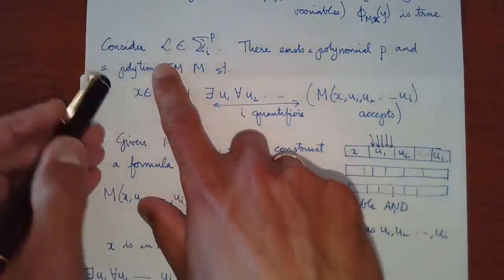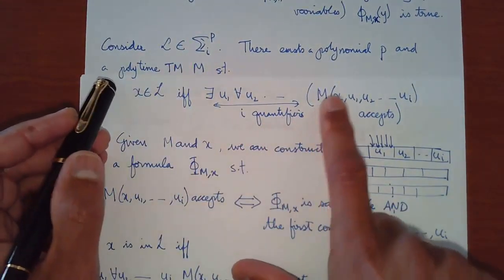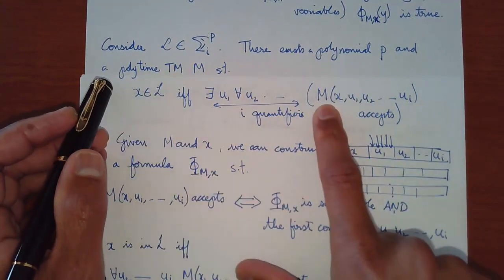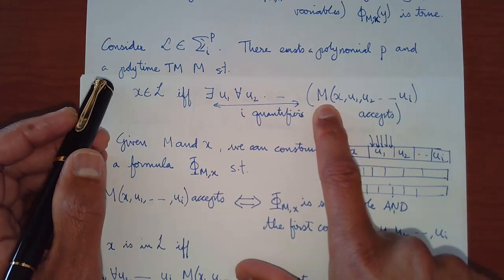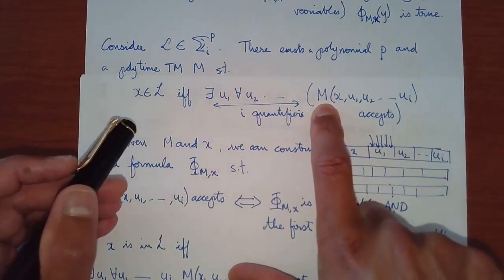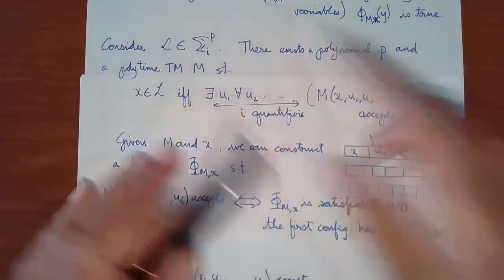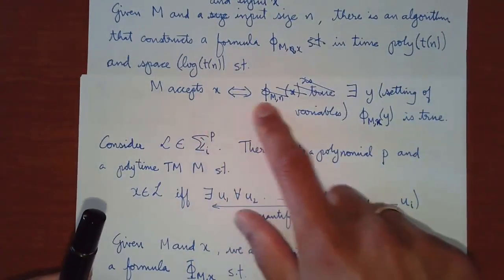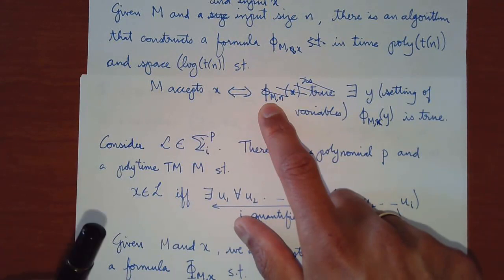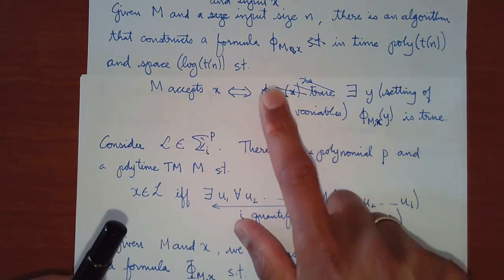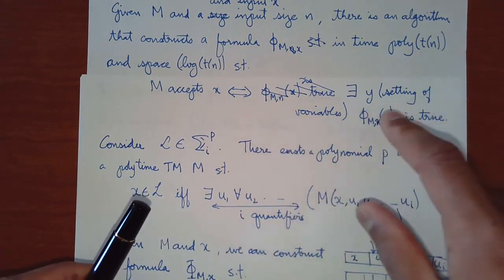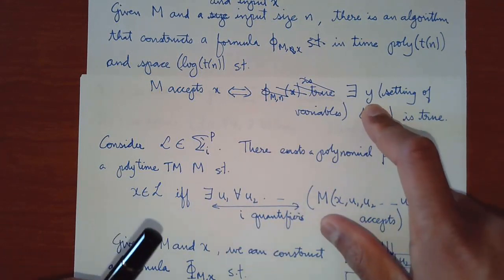Because the definition of Sigma_i says we have a deterministic Turing machine. Earlier you said this definition also works for non-deterministic. That's true, the equivalence works for non-deterministic Turing machines. But when it's deterministic, there is only one satisfying assignment.